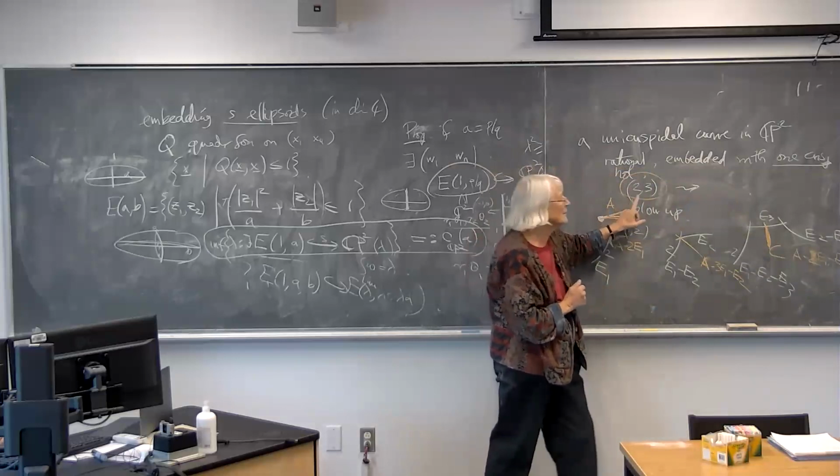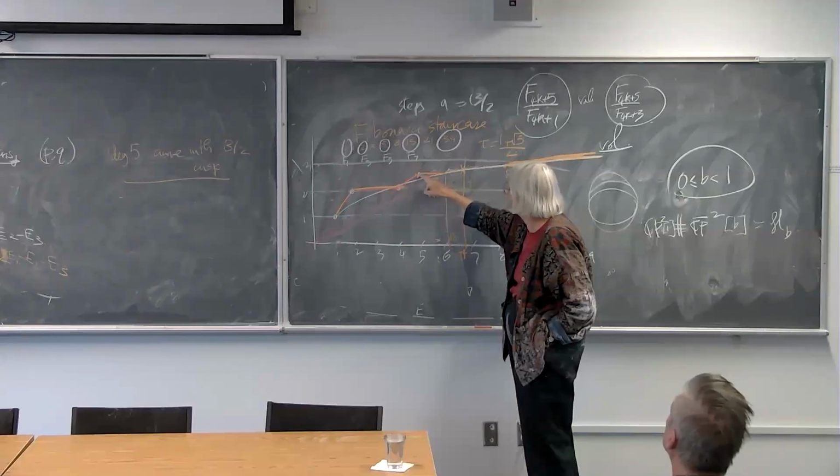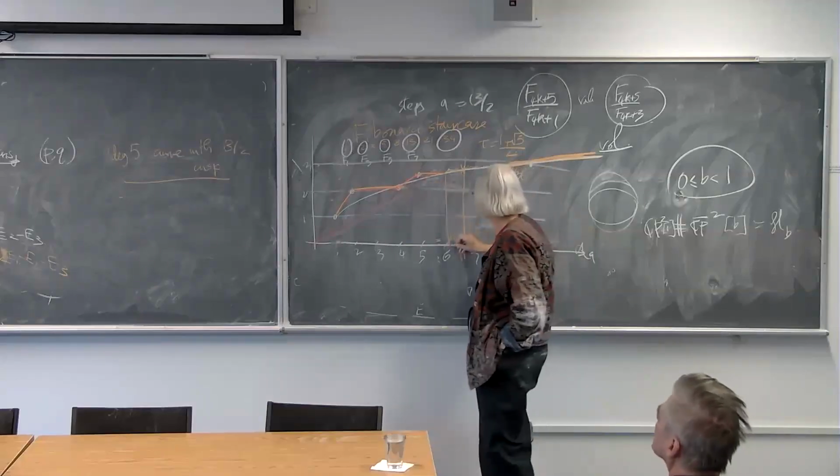But the claim is that there is a classification of curves of this kind, and if you take exactly something like this, say a degree 5 curve with a 13/2 cusp, then when you blow it up, you precisely get an exceptional divisor, which is precisely the exceptional divisor giving you the obstruction at this point, 13/2.